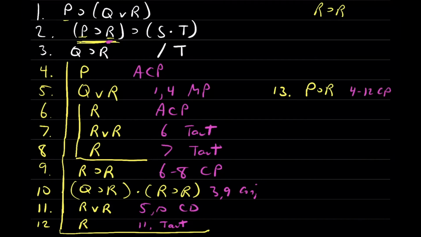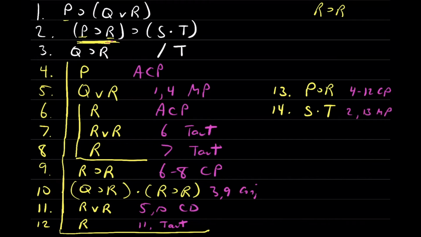And this is a really nice result because now I have the antecedent to that conditional on line 2. I think that's really clear right here. The antecedent of line 2 is P implies R. And if you get that, which we just got on line 13, we know that S and T would have to be true. And that's going to follow from line 2 and line 13 by modus ponens.